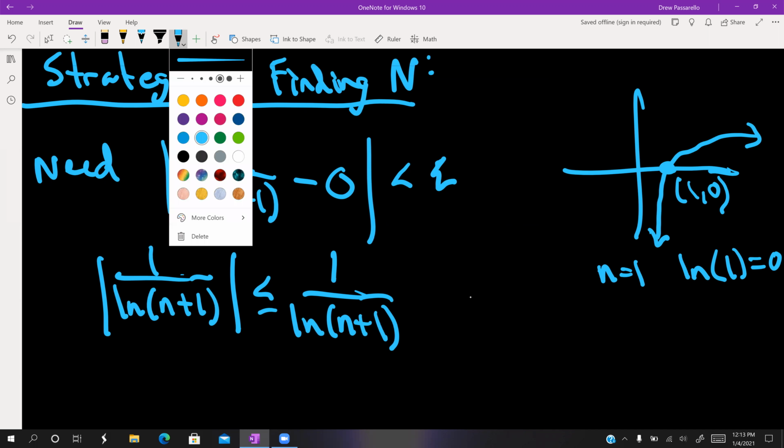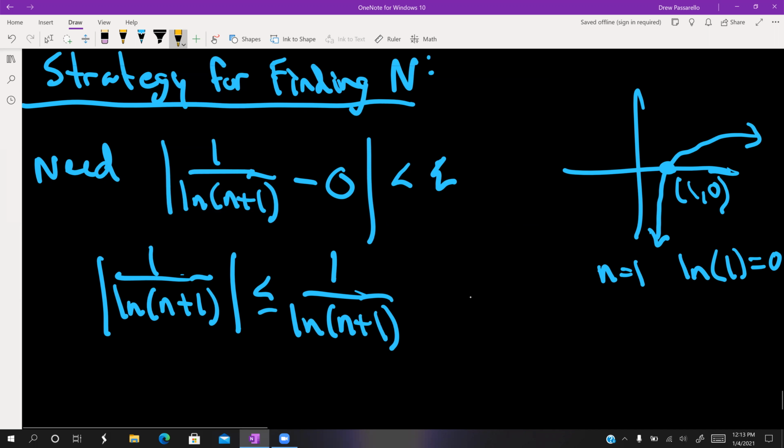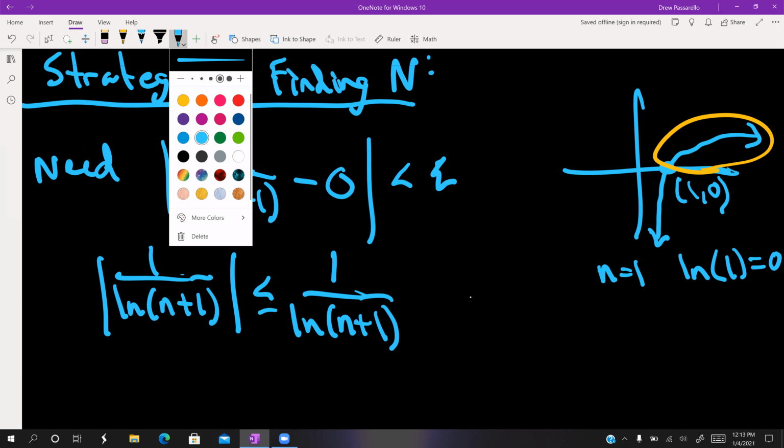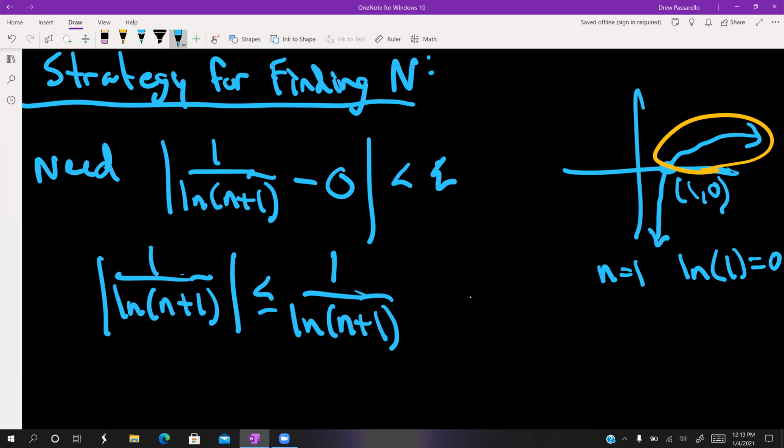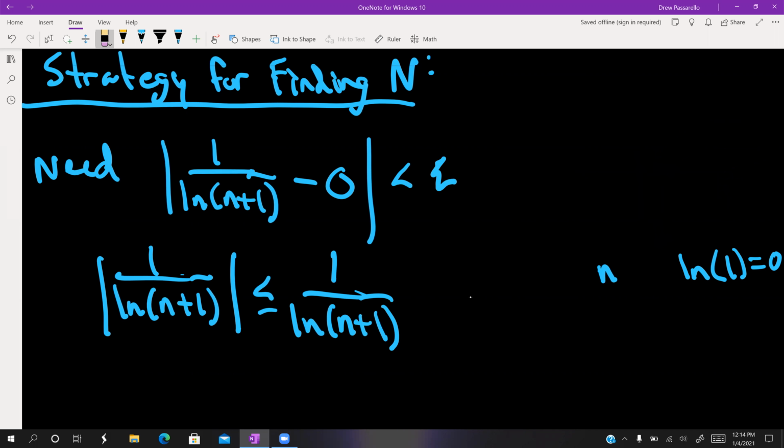Our indices are natural numbers, so we're dealing with the natural log of natural numbers, so we're really dealing with this portion of the graph. So it's going to be positive. Okay, so that's just keeping in mind a sketch of what the natural log graph looks like.